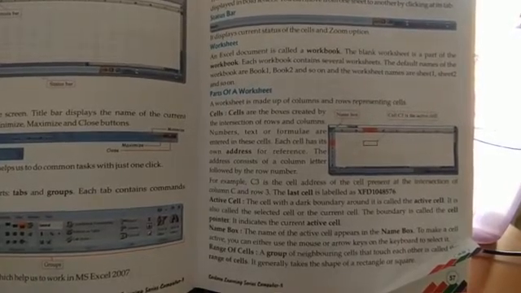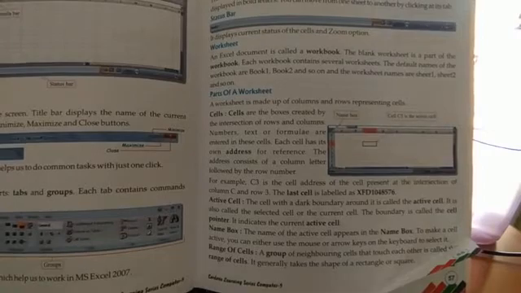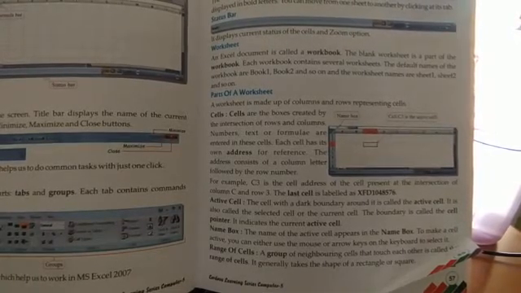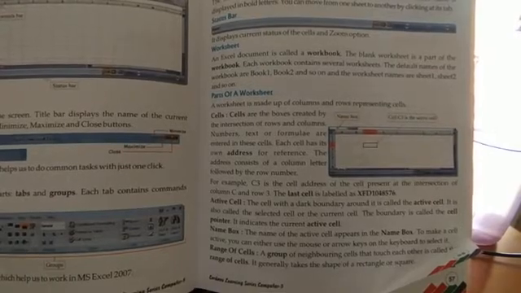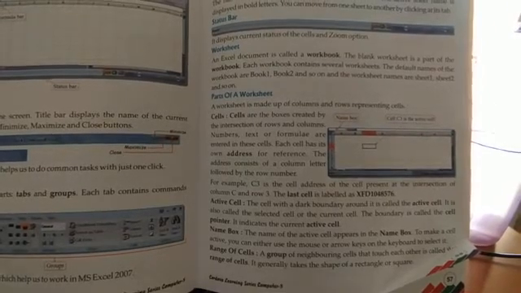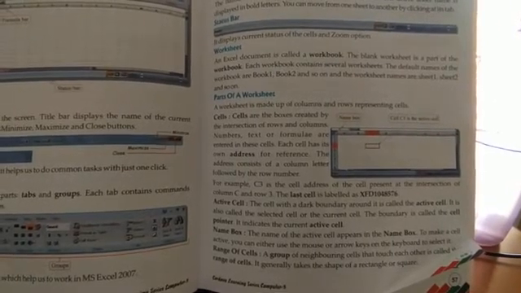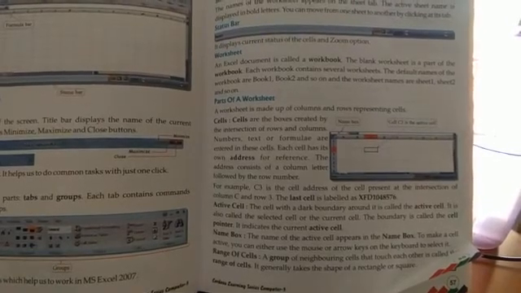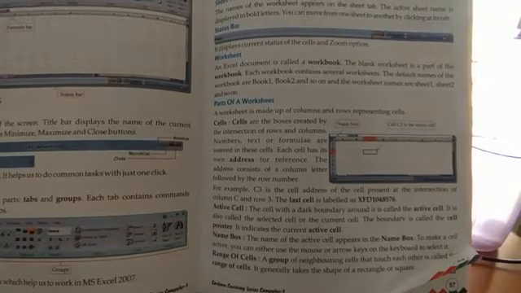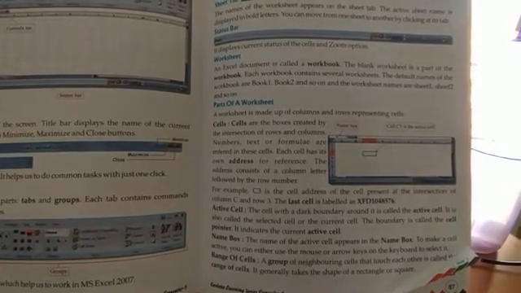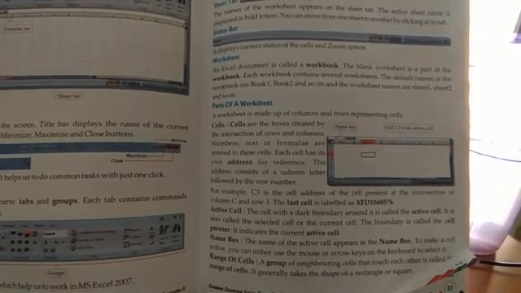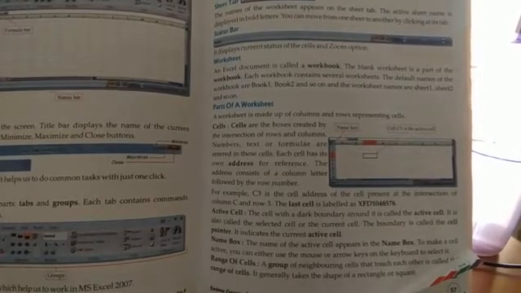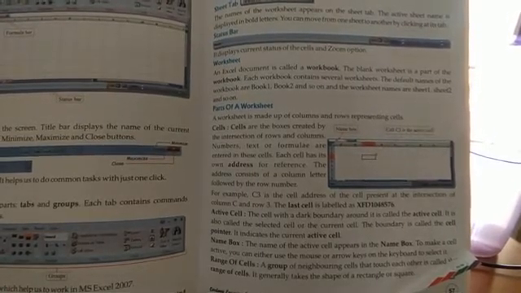Okay, now range of cells. A group of neighboring cells that touch each other is called a range of cells. It generally takes the shape of a rectangle or square. Yes students, if there are two or more cells that are connected together, like A1 to A4, means A1, A2, A3, A4, so the range will be A1 to A4, that will hold cells A1, A2, A3, A4.